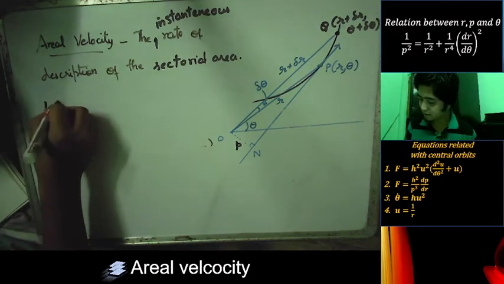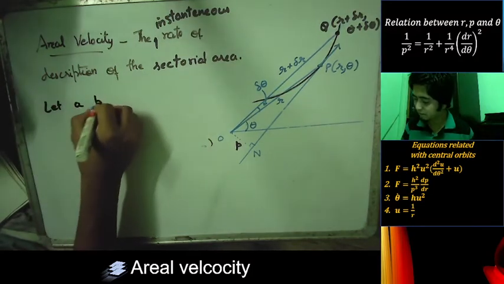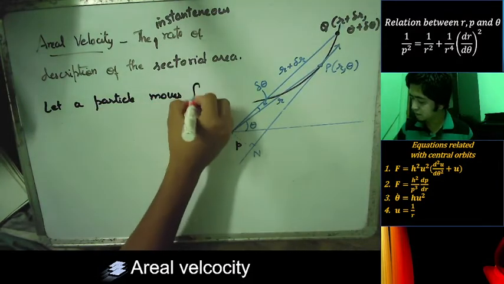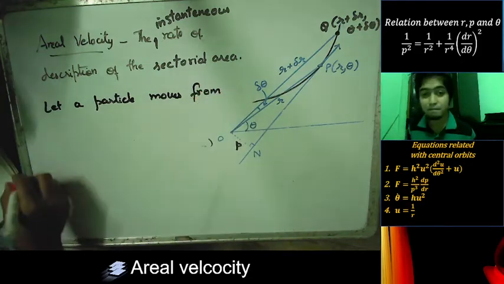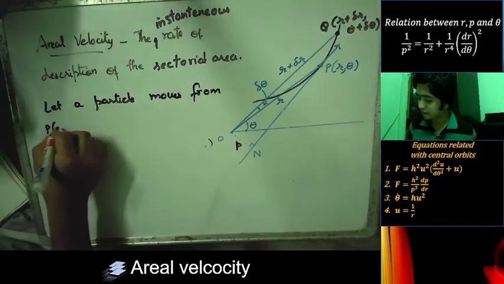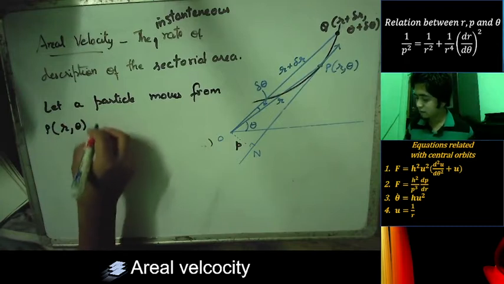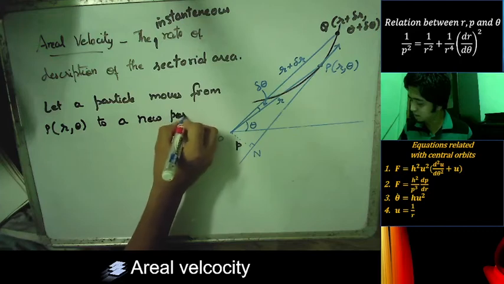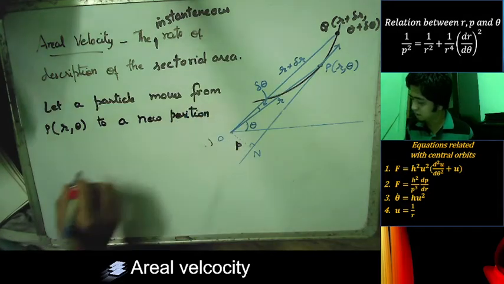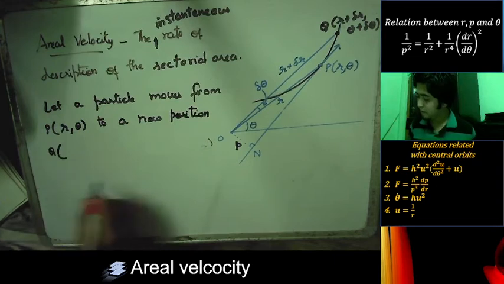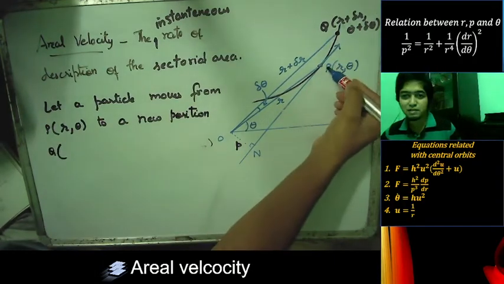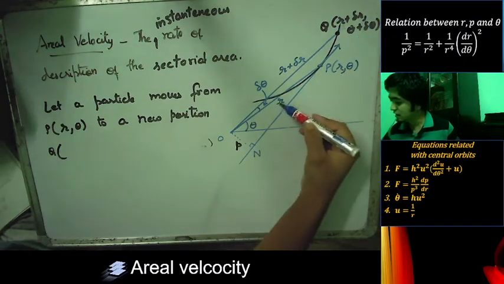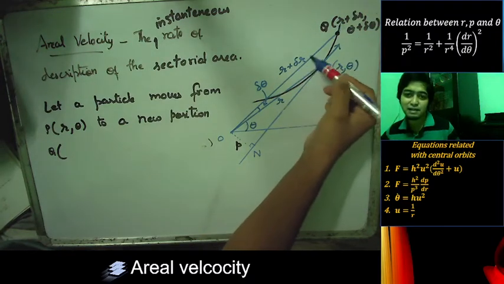Let a particle move from P (r, theta) to a new position Q. Because it has moved to a new position, the radius vector will also change. It's no longer r, it will change by some amount delta r.